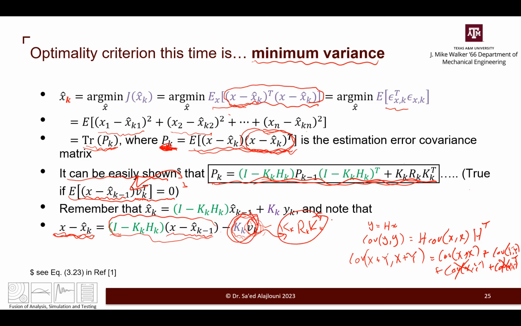And now this is similar: you take this matrix times the P matrix, P sub k minus 1. This is the expected value of x minus x hat sub k minus 1 times x minus x hat sub k minus 1 transpose. That's what we call P sub k minus 1, the estimation error covariance calculated using x hat sub k minus 1.